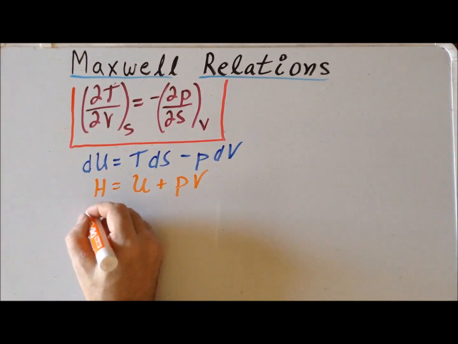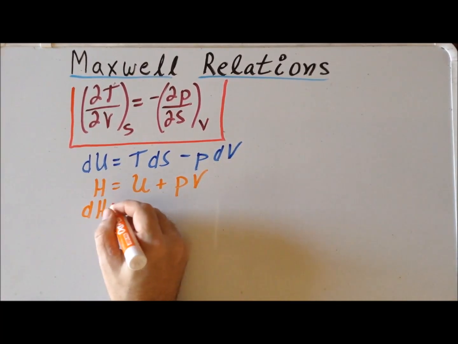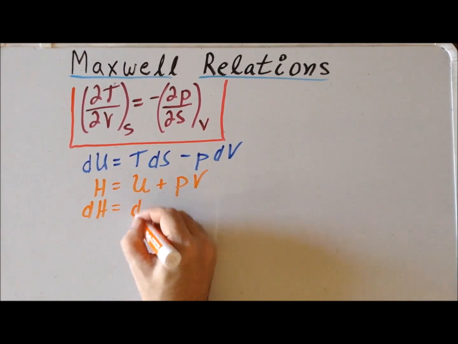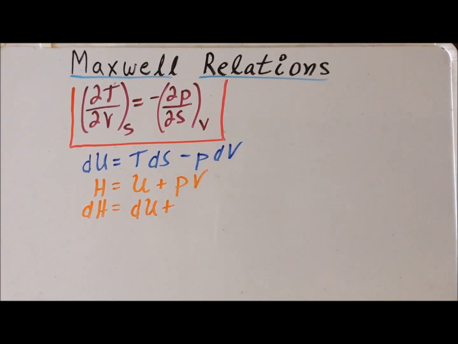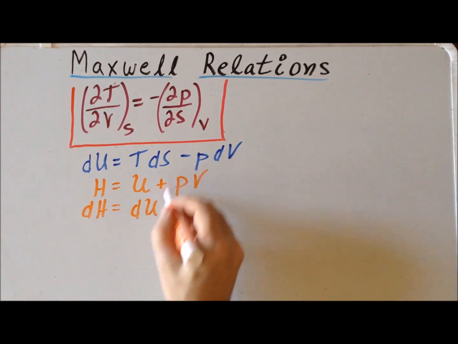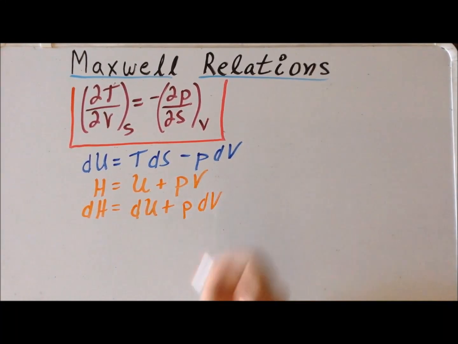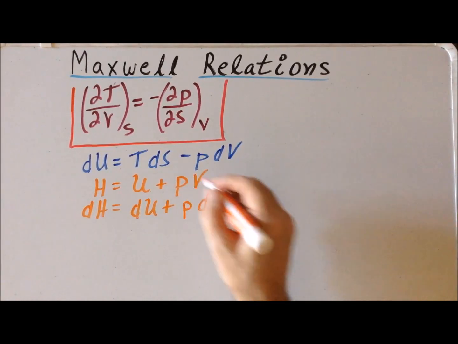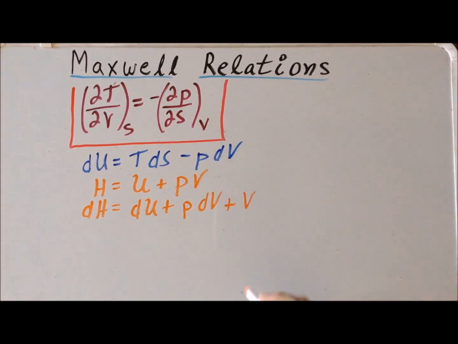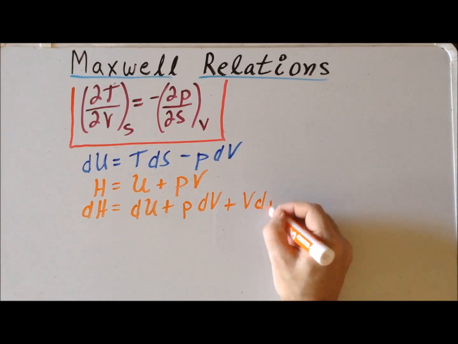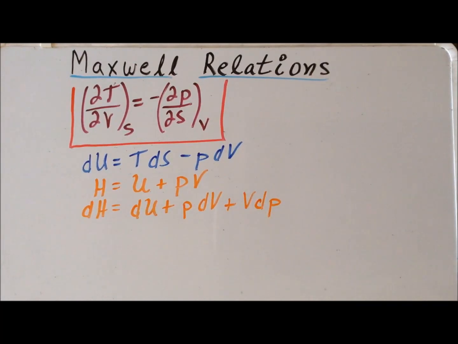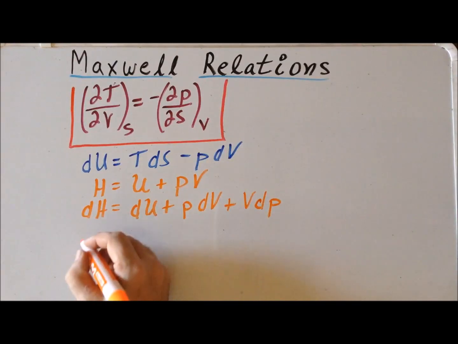From that, we can write an expression for the differential of H. It's a differential of U, and then we use the product rule. So we have a product of two functions here. The differential is going to be the first times the differential of the second, which is dV, plus the second function V times the differential of the first, which is dP. Next, we want to substitute our expression for dU into our expression for dH.